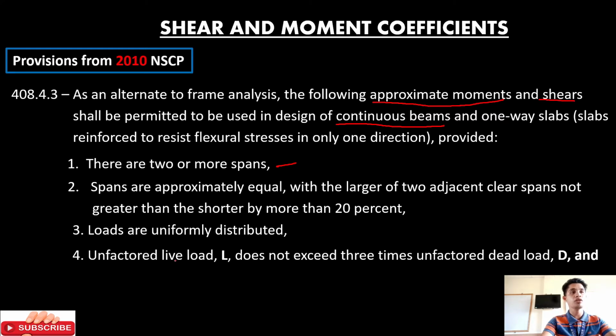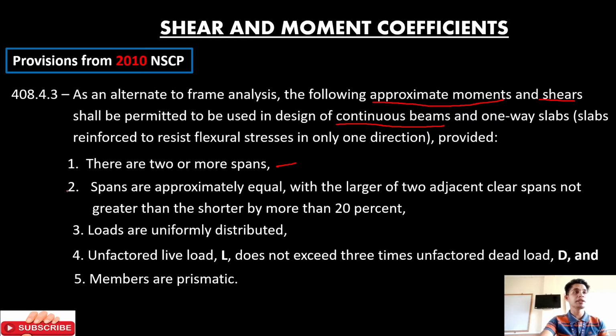So, yung live load natin, service live load, hindi dapat lumampas ng 3 times ng unfactored dead load or service dead load. Okay, and last, members are prismatic. Sinabi natin prismatic, dapat same in cross-section yung ating beam and the whole span. Dapat pare-pareho sila ng cross-section.